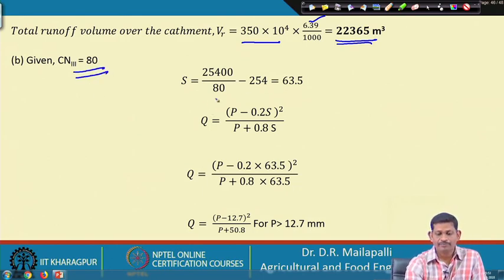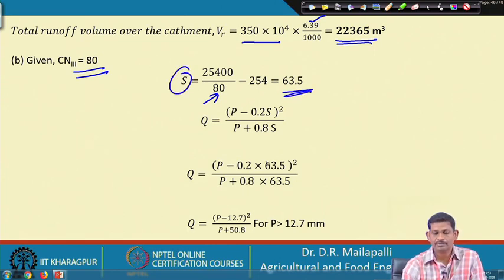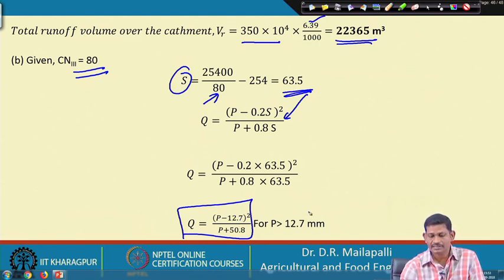Similarly for 80: given the curve number, find S, which is 63.5. Now substitute this 63.5 in the equation. The P value should be at least 12.7.